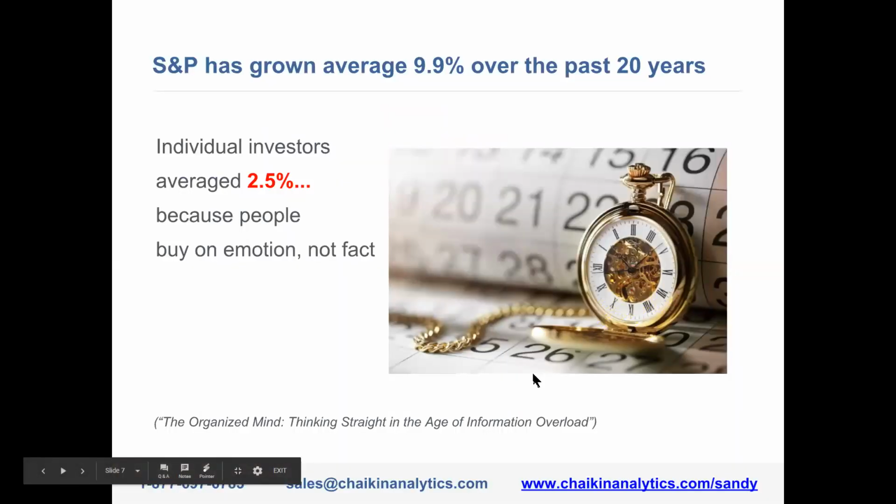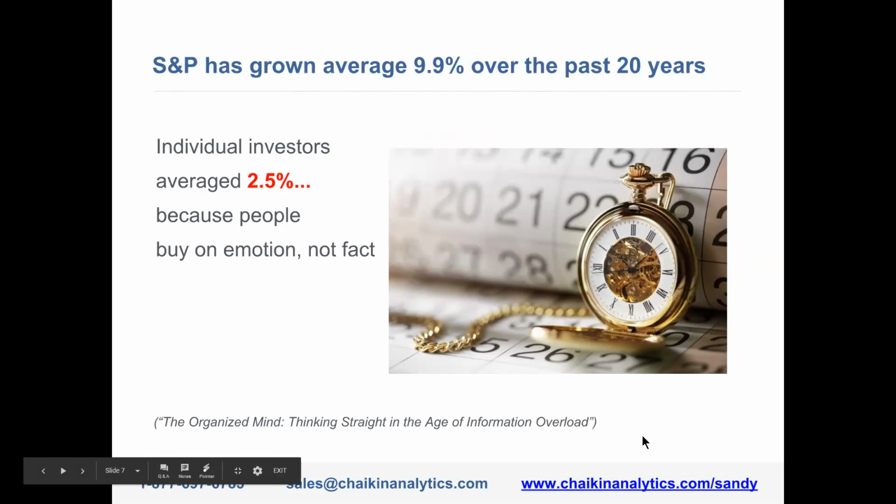recession. So the problem I always like to address head on is that the S&P has grown an average of 10% over the past 20 years, even with all that volatility built in. However, individual investors have only averaged 2.5%. And that's because we're people. We have emotions, and we let our emotions get in the way, right?